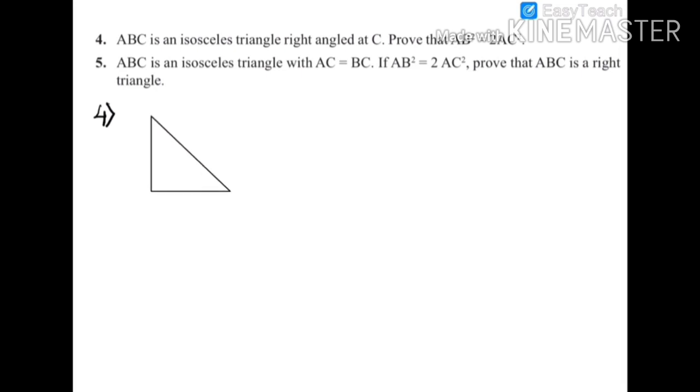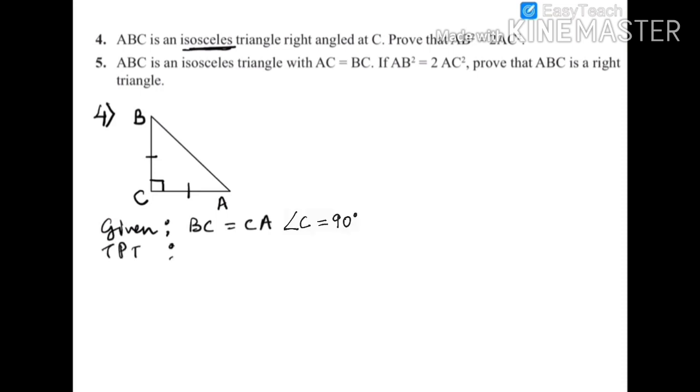An isosceles right triangle will have two sides equal. So let BC be equal to CA. So we are given that BC is equal to CA. What do we have to prove? AB square is equal to 2AC square.